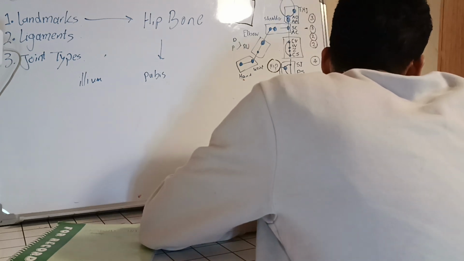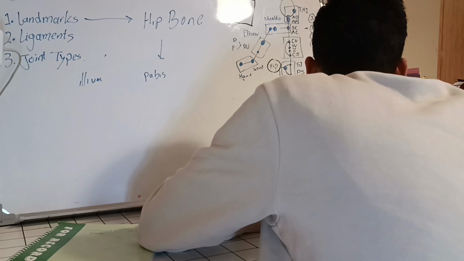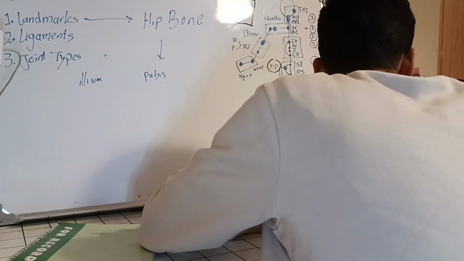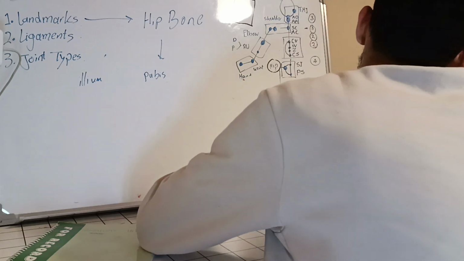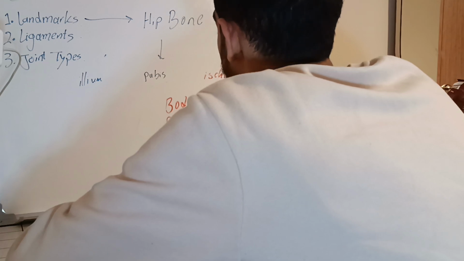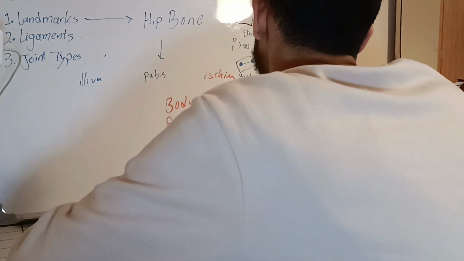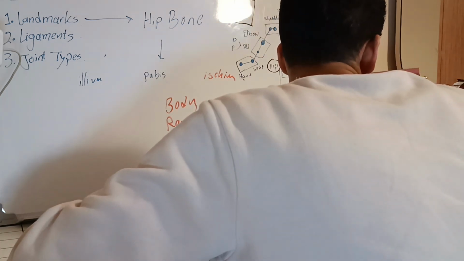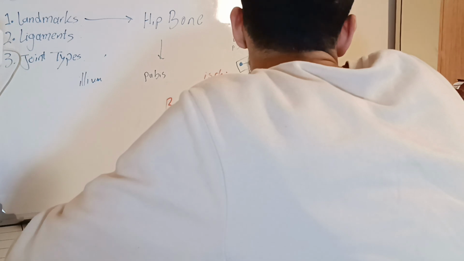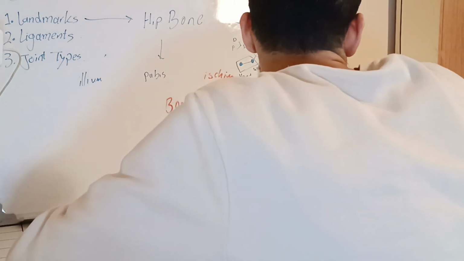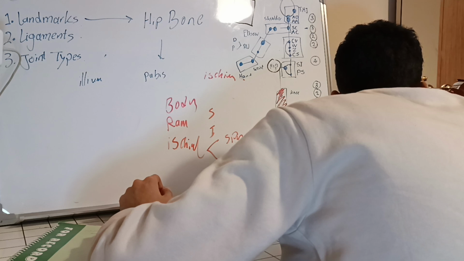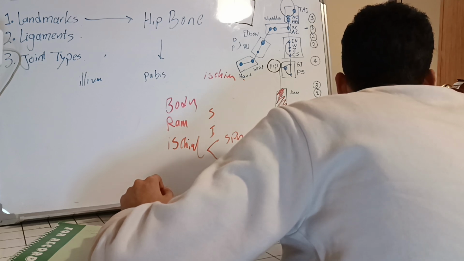Superior and inferior ischial ramus, body, ischial spine, ischial tuberosity, lesser sciatic notch. We have the spine and tuberosity: the ischial spine and the ischial tuberosity.